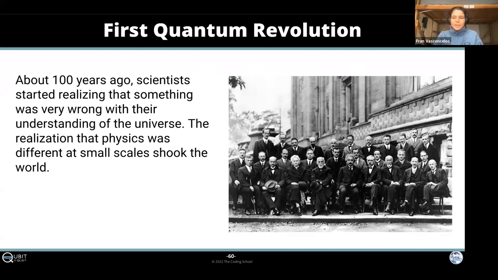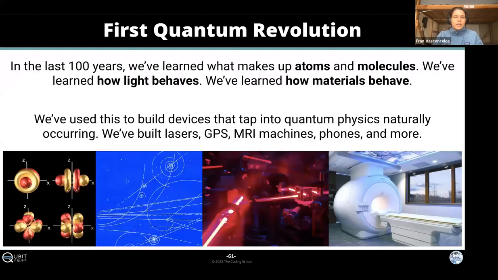There's a lot of other famous people in the photo, but I won't spend a lot of time boring you with the history of quantum mechanics. But this revolution in the development of quantum mechanics is what we call the first quantum revolution.